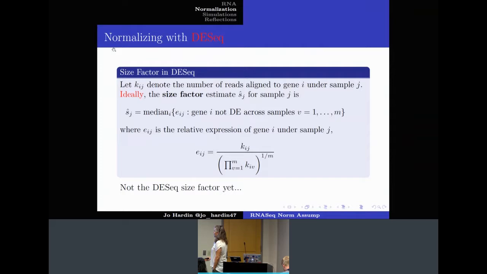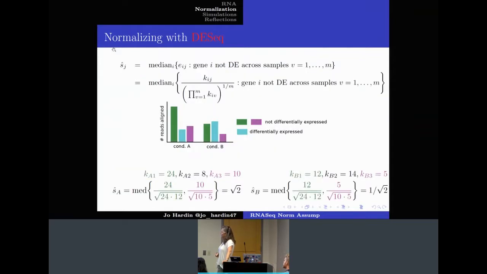So the size factor is, if we could find all the genes that are not differentially expressed, so that's what I'm saying here, gene i is not differentially expressed across these samples, we would take the median of those values, and we would have this relative expression value that they're all going to be scaled by the same thing, and it's just a way of making it a little bit more numerically stable. The numbers come out a little bit better.